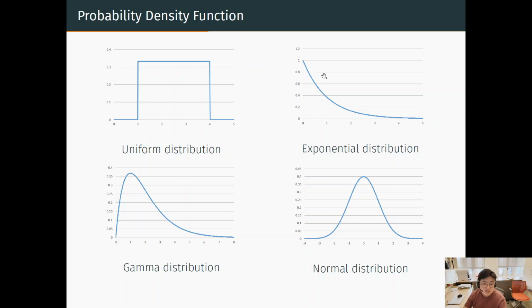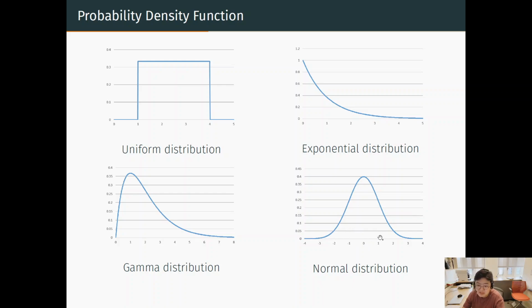And exponential distribution, for example, has the peak at 0, but the density decreases. This is unlikely to happen as the outcome increases. Gamma distribution is a weird distribution, peaked at 1 at some point, like it increases, peaks at 1 and then decreases, right?